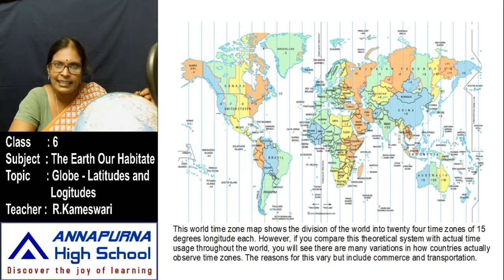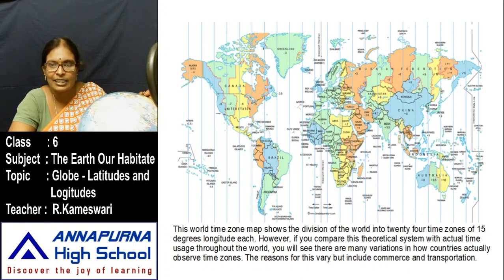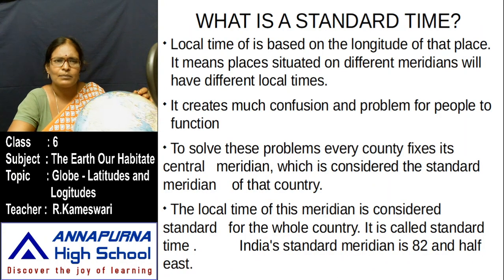If you calculate that, 330 minutes will come. 330 minutes is equal to 5.5 hours. So 5.5 hours ahead of the Greenwich meridian. Here the time is 12, our Indian time is 5:30 p.m. Have you understood, children?